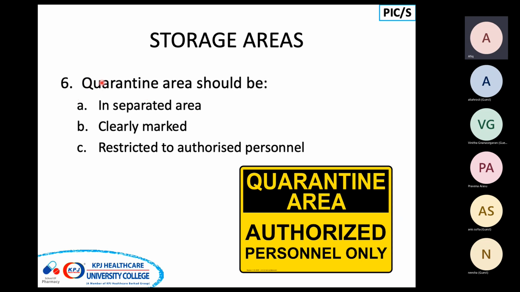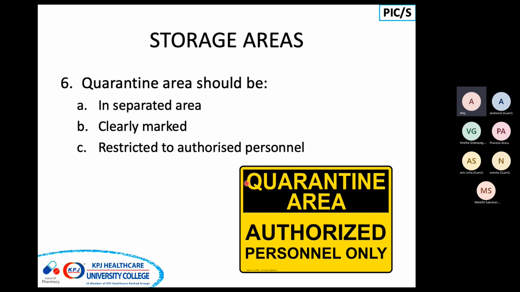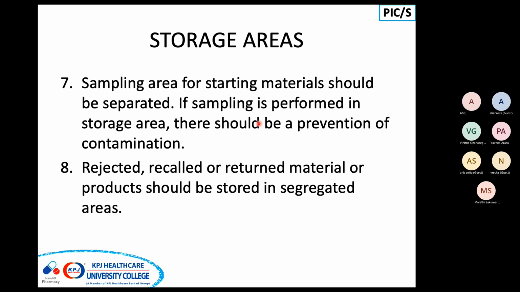And then the quarantine area should be in a separated area and clearly marked. So there should be a symbol like this or a sign whereby there is a specific statement, like quarantine area over here, and also for authorized personnel only. And it must be restricted to certain staff members only. And then the sampling area for starting material should also be separated.